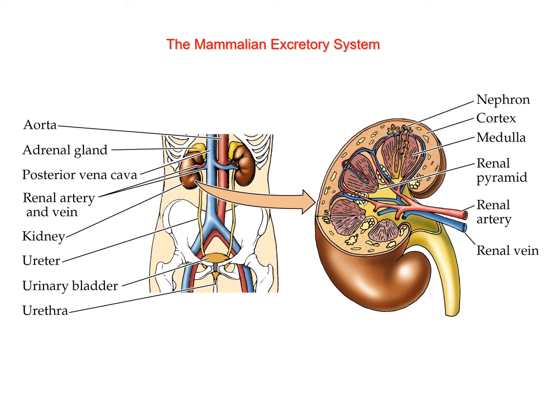And here you see a diagram showing the position of the kidneys retroperitoneal to the peritoneal cavity. The outer part of the kidney is called the cortex. And the inner part of the kidney is called the medulla.